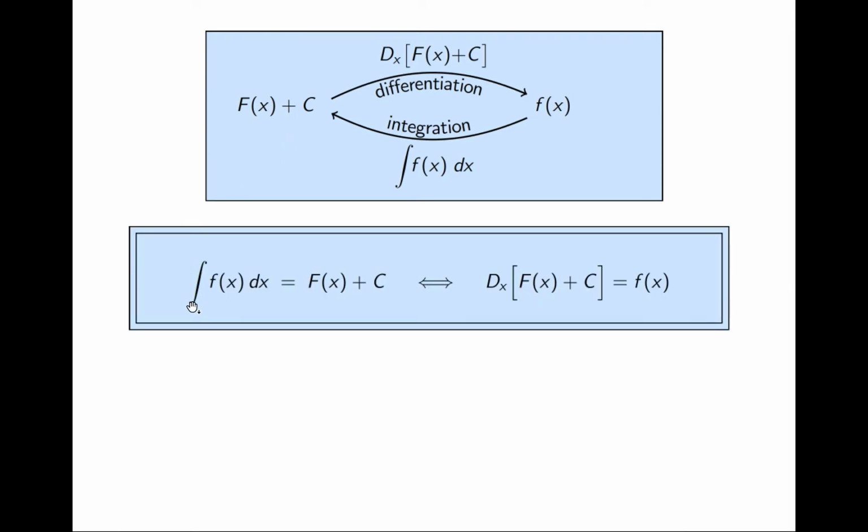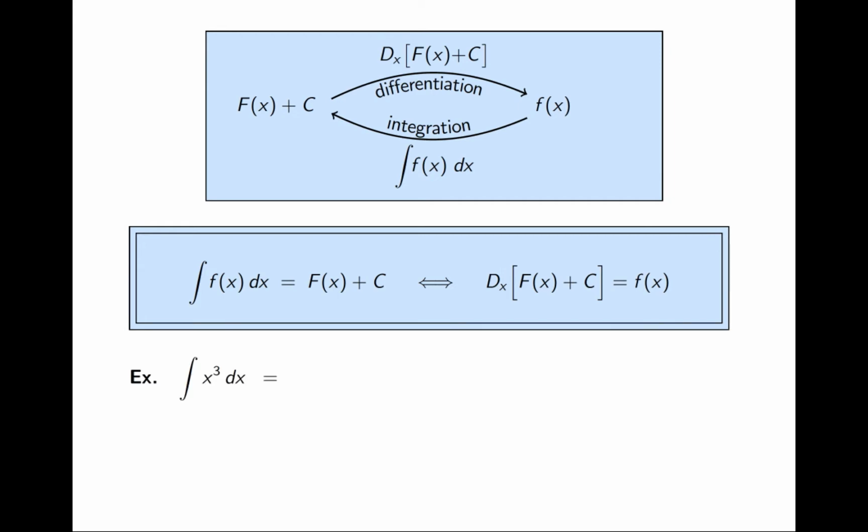Always remember that the integral of f of x dx stands for all the antiderivatives of little f of x. If that's equal to big F of x plus c, that just means that the derivative of big F of x plus c equals little f of x. The integral of little f of x dx, if it's big F of x plus c, if you differentiate that, it gets you right back to little f of x.